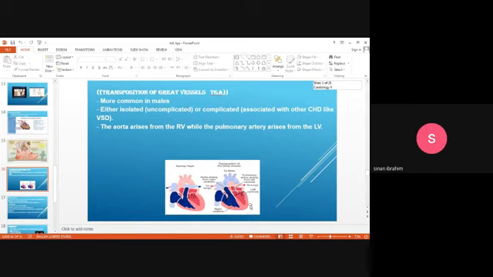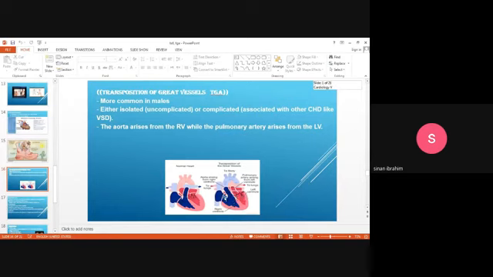So the deoxygenated blood will go to the systemic circulation, while the oxygenated blood will return to the lung. This patient will be incompatible with life if there is no other associated shunt between the left and right side.